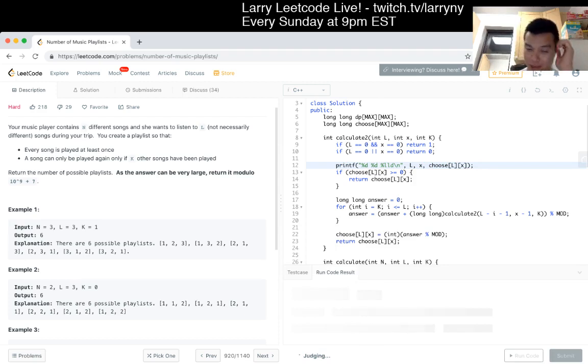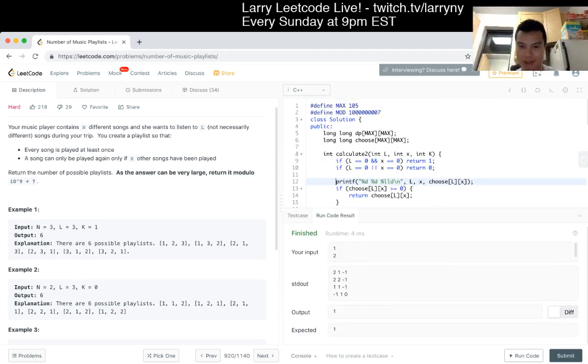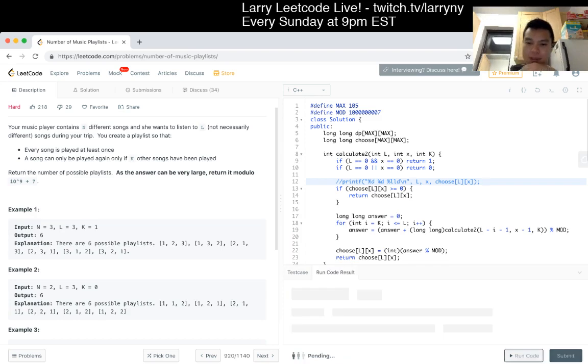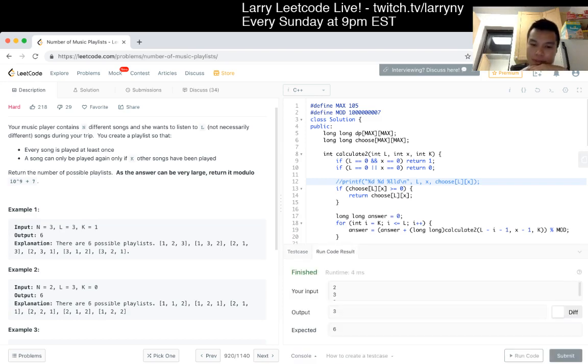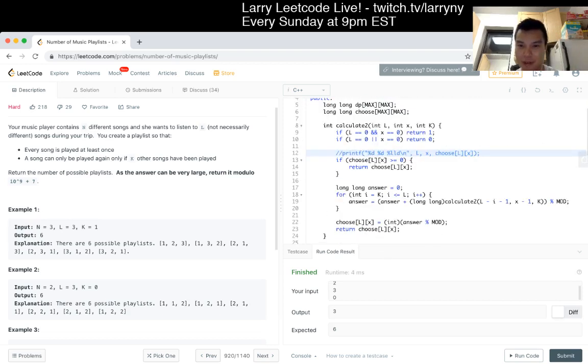Should be minus 1. Okay, so at least now it gives me the right answer for that one. Now we could try for 2, 3. Too many silly mistakes, but okay. Welp.